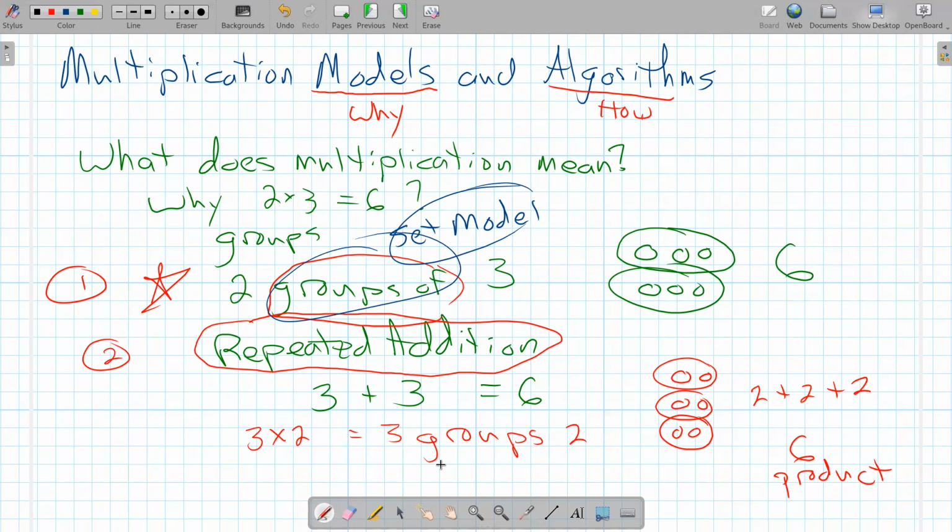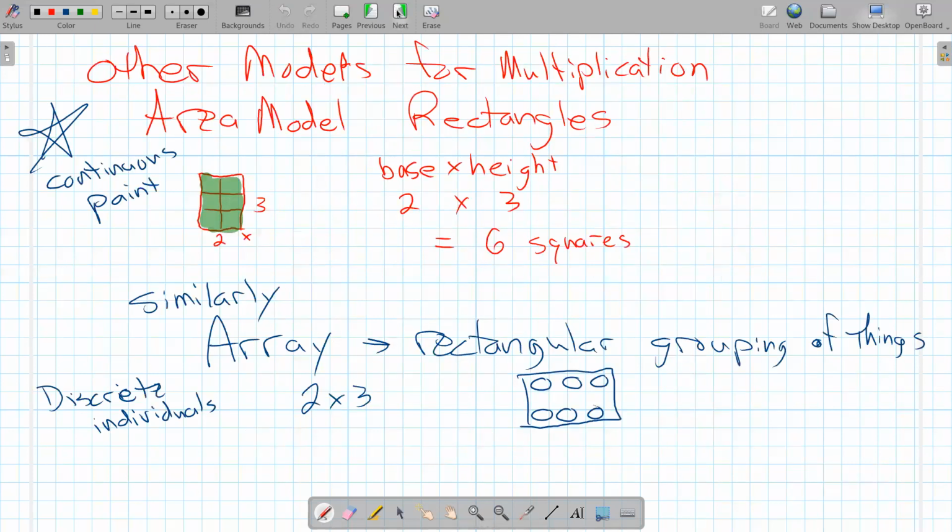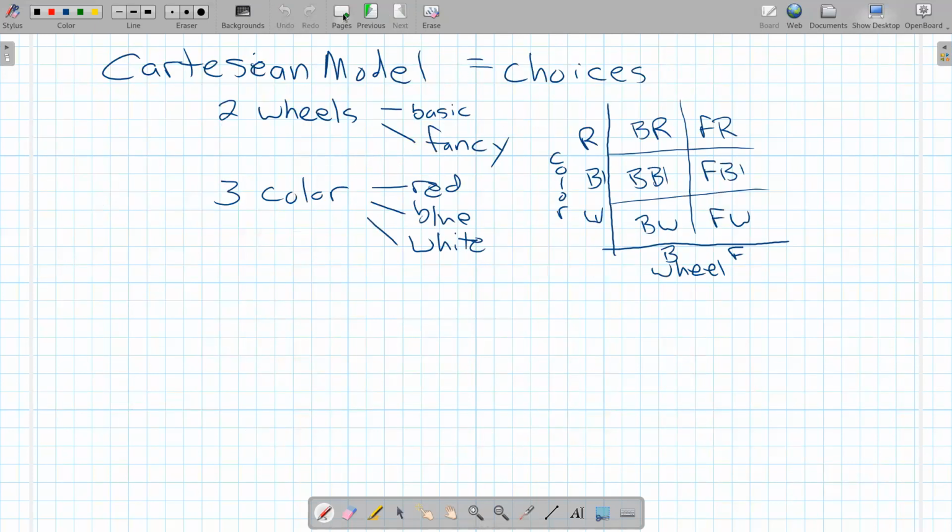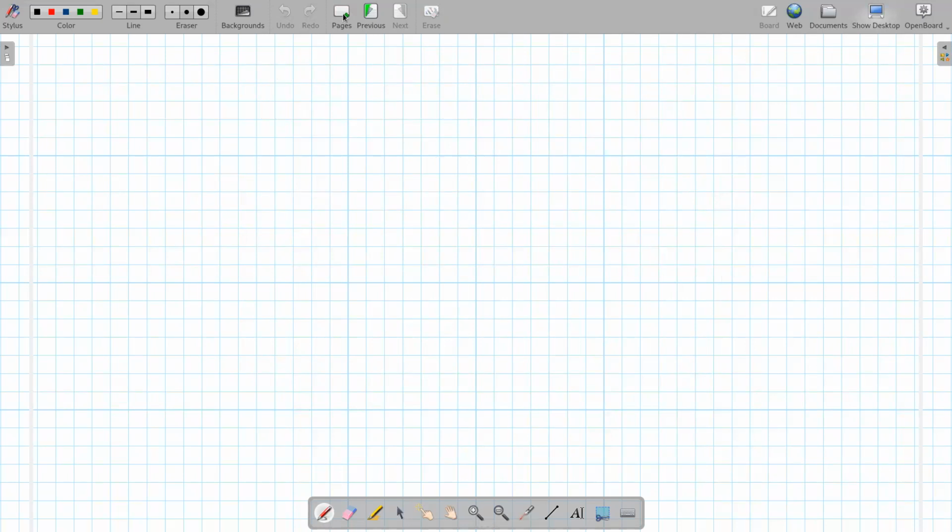So this is the why. Next thing we need to look at is the how to do it. So as far as the how goes, there's a couple things that we got to do there for algorithms. The first part really is basic facts.